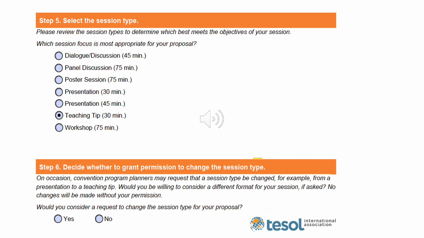But you may be able to get your proposal accepted as a poster session. So unless you're very, very dependent on live video or something like that, we always recommend that you say yes. You can always change your focus up a little bit and change your approach to make it fit a poster session and get accepted.